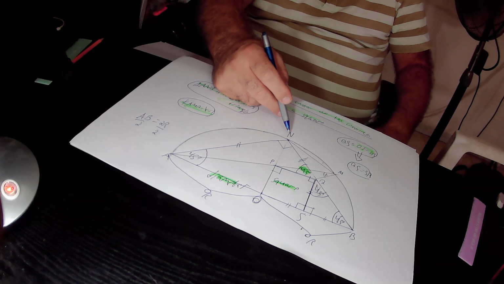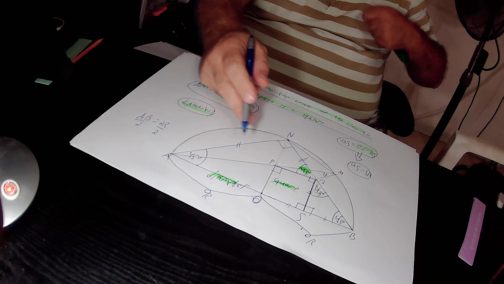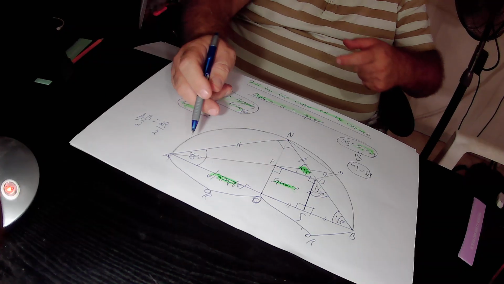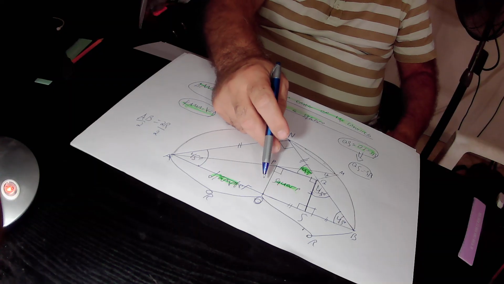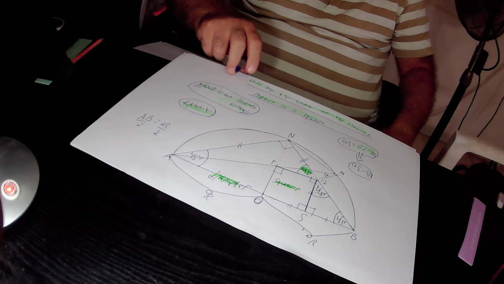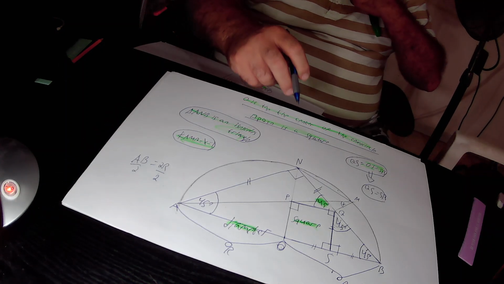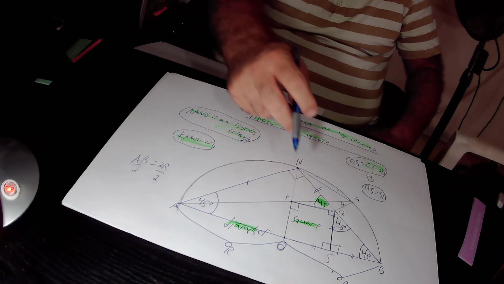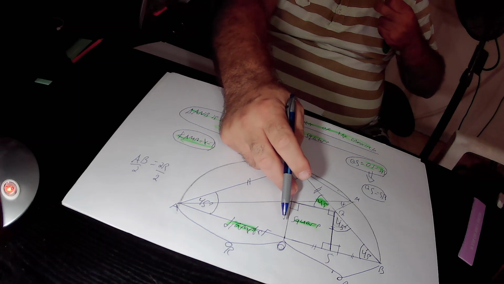And the midpoint of the diameter AB is at the center of the semicircle, that is point O. According to what is given in the question, O is the center of the semicircle. So the perpendicular from point N to the diameter AB will touch the diameter AB at point O, that is the center of this semicircle.